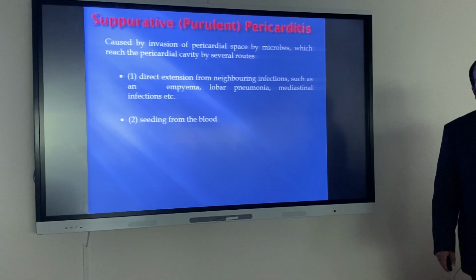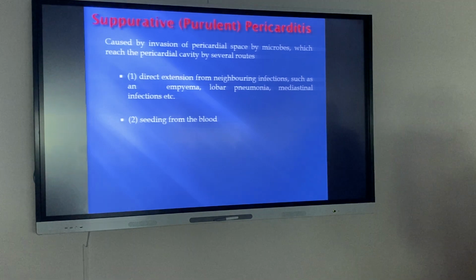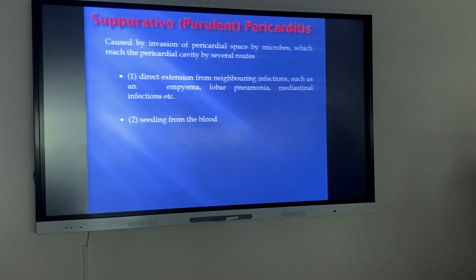What is the difference between bacteremia and septicemia? Septicemia causes hypovolemic shock. Yes, they cause. But what's the difference between these two? It can be bacterial or other source. Yes, septicemia can be due to fungal infections.